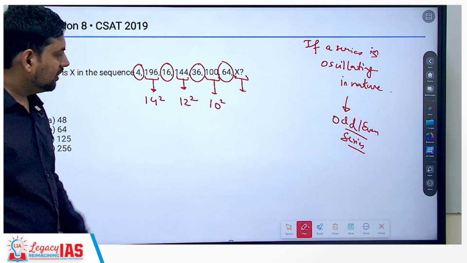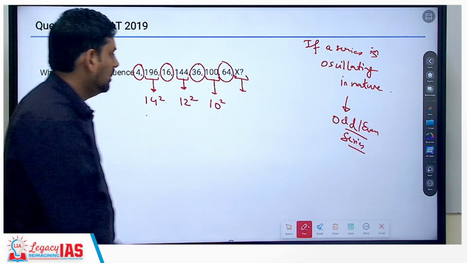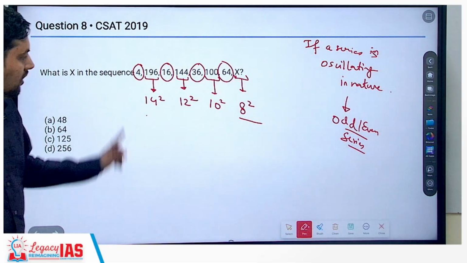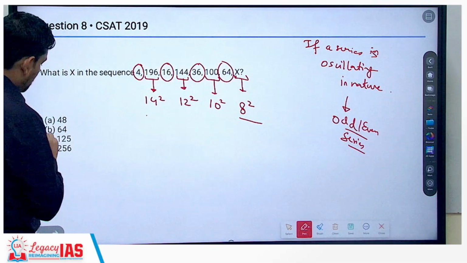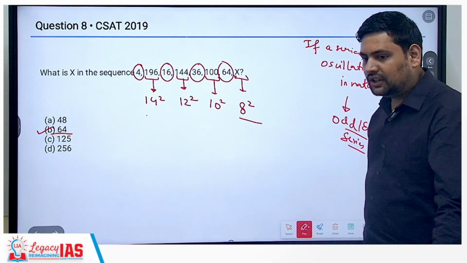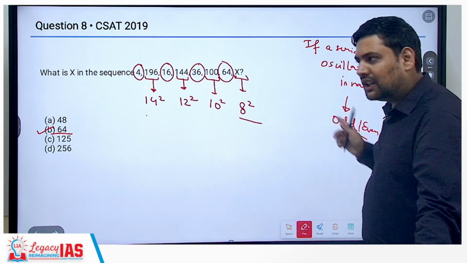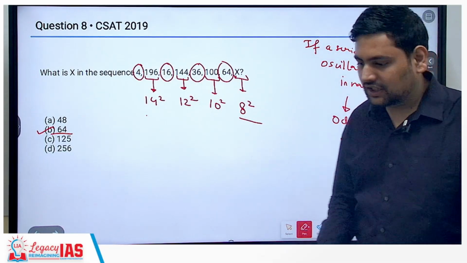Next will be what? 14 square, 12 square, 10 square. Next will be 8 square. Correct? So 8 square is equal to 64. So the answer becomes B, 64. You understood how you identify series? Once you identify this is oscillating, then this is an even odd series and you can get to the answer. That's it. Thank you.